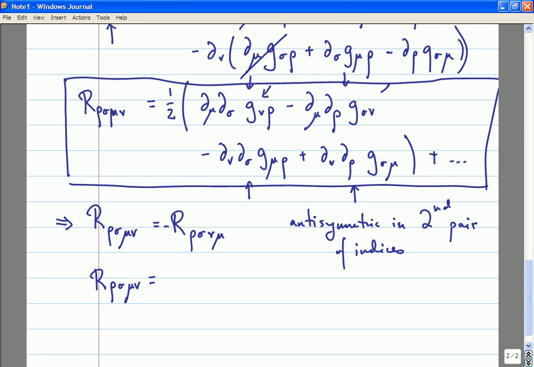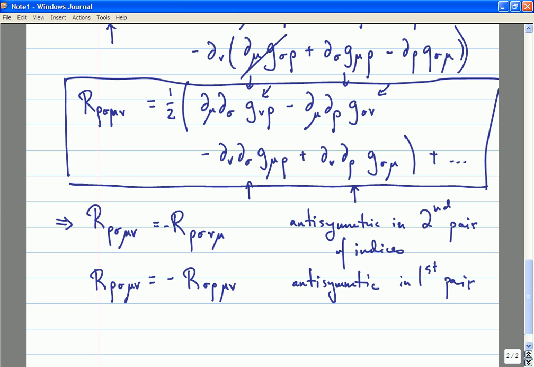And likewise, the third term will be interchanged with the fourth term. Those terms differ by a relative minus sign, so when you switch the first two indices, you also pick up a minus sign. So the Riemann tensor is also antisymmetric in the first pair of indices.